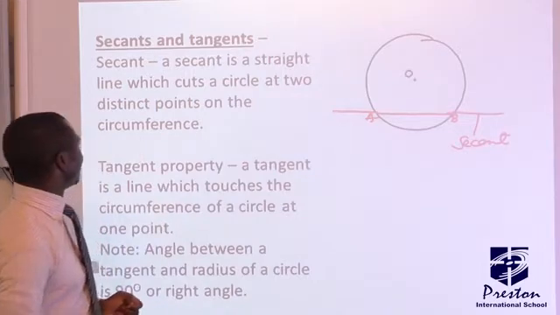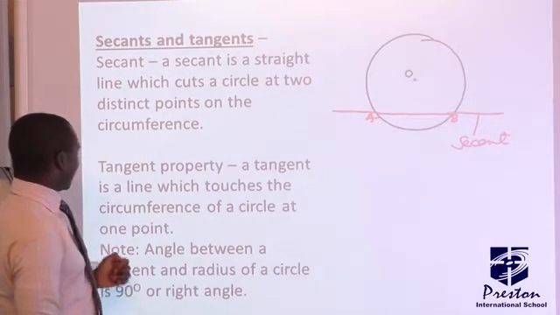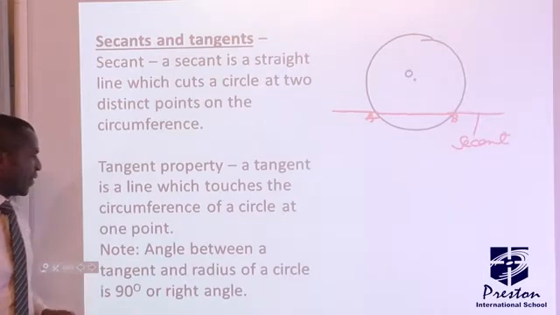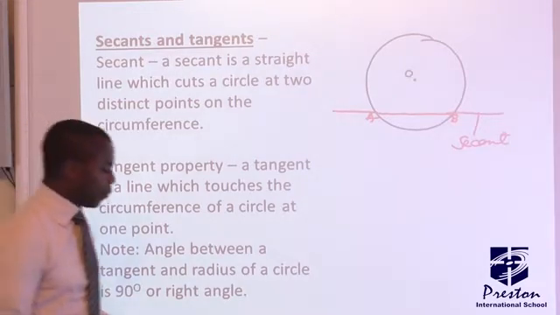A secant. Now, for tangents, a tangent is a line which touches the circumference of a circle at one point.